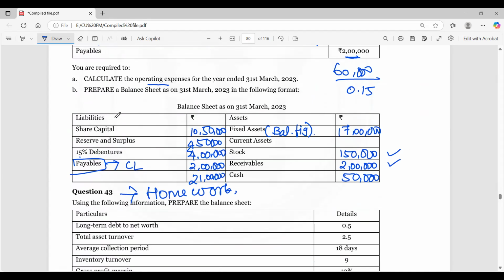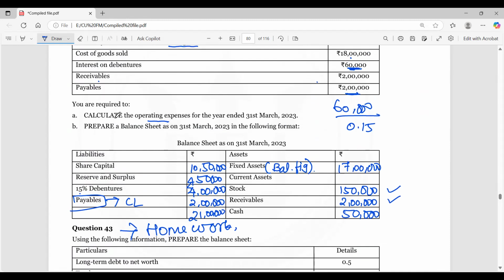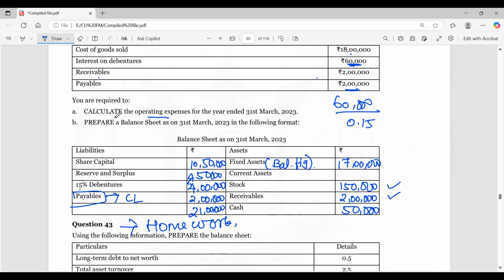Previous question. Current asset is 4 lakh, correct. 17 plus 4 is 21 lakh.